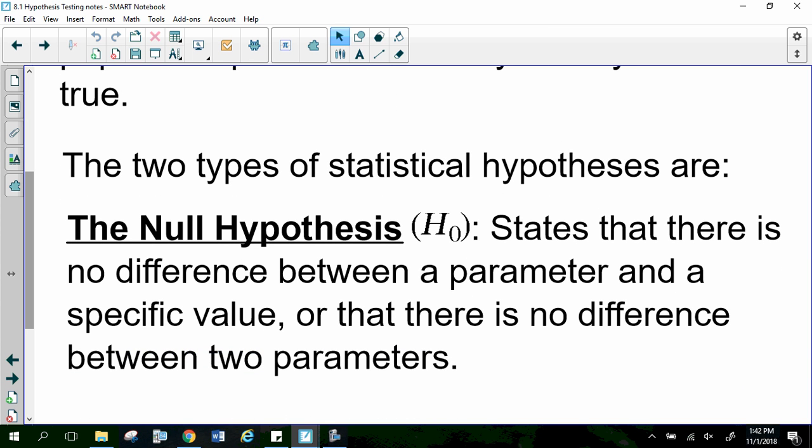So in the case of the principal of that school, you're assuming that there is no actual difference between the 2 values.